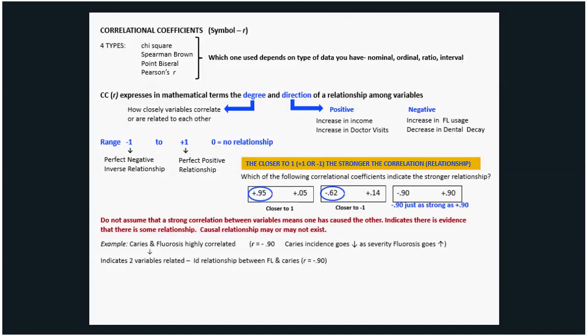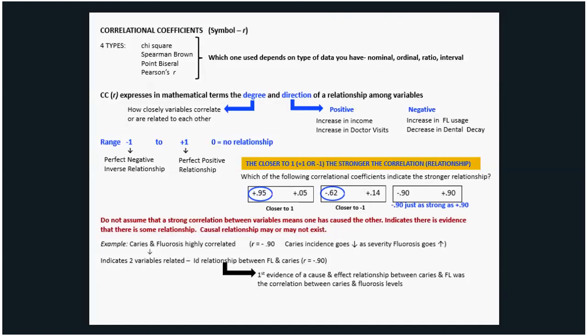And so they identified the two variables as having a strong relationship. So that was the first cause and effect relationship between caries and fluoride: the correlation that they found between caries and fluorosis.